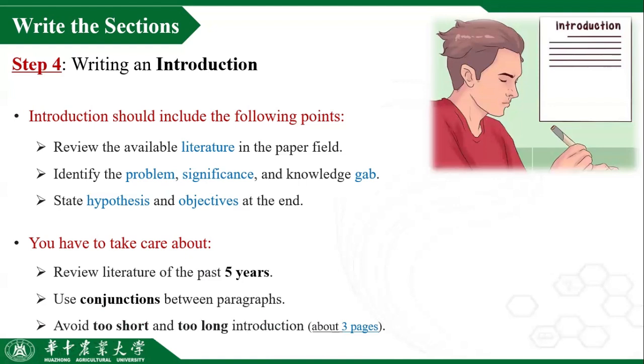After that, try to use conjunctions between paragraphs, like we showed last time. About this introduction, we were talking about microplastics. They first talk about plastic, then microplastics, then the pollution.